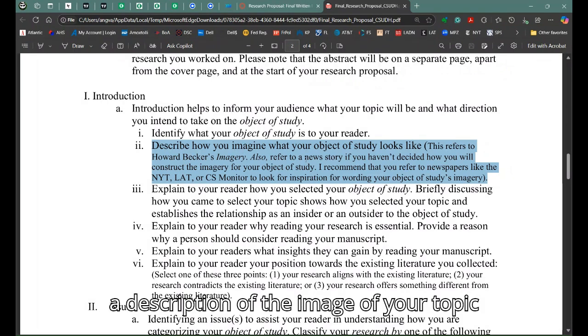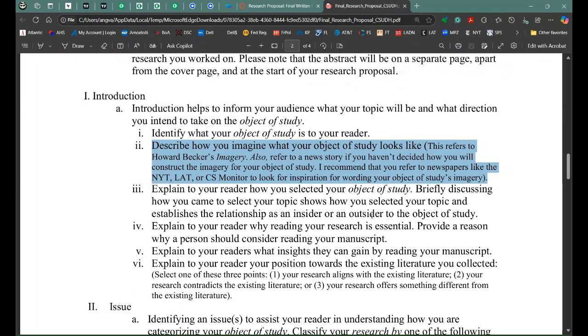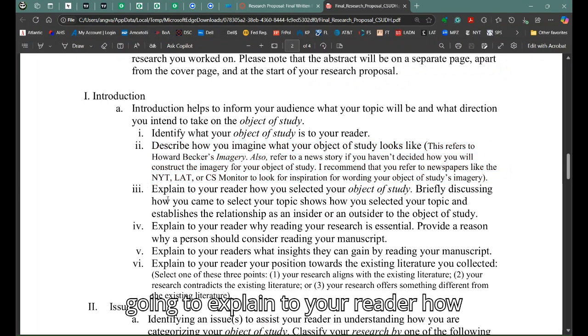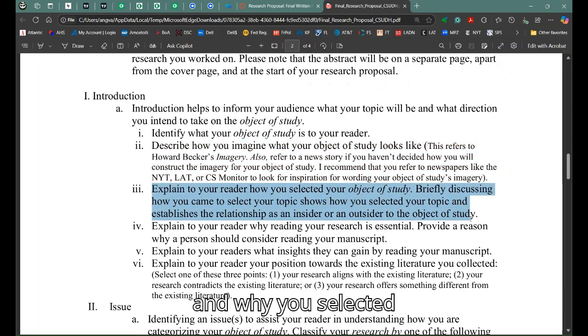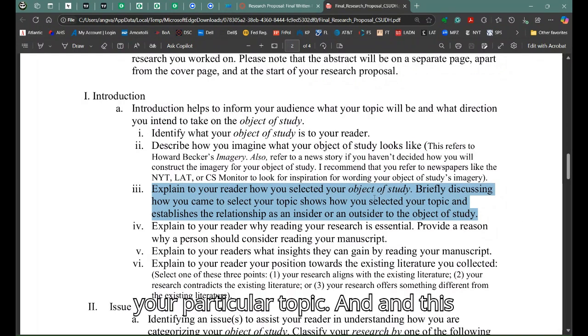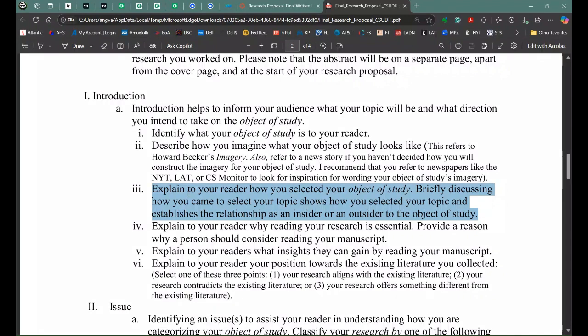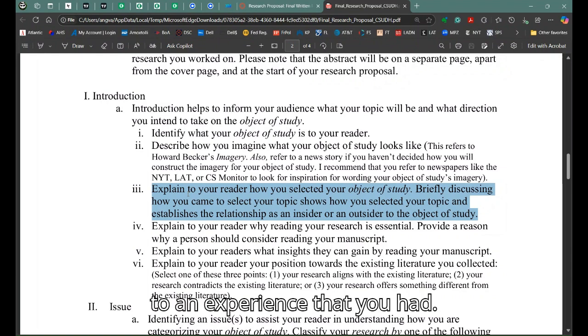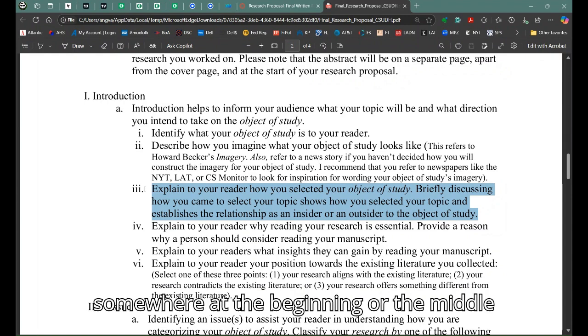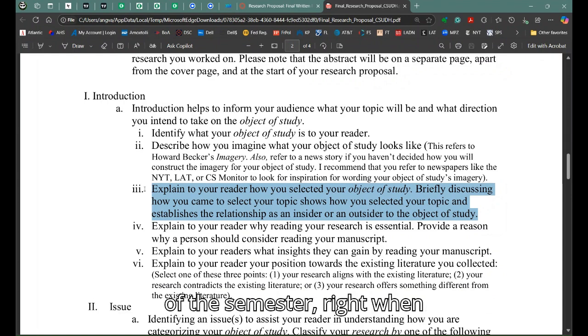once you have provided a description of the image of your topic or your object of study, then you're going to explain to your reader how and why you selected your particular topic. And this could be something personal, right? If the topic that you selected relates to an experience that you had. Recall, I had you do an example of how to use personal experience as a research project, maybe somewhere at the beginning or the middle of the semester.